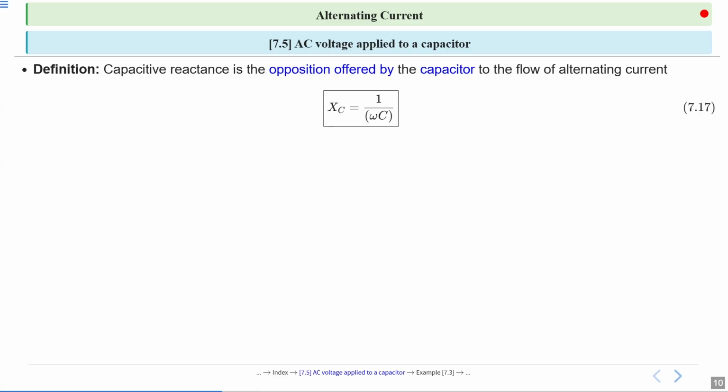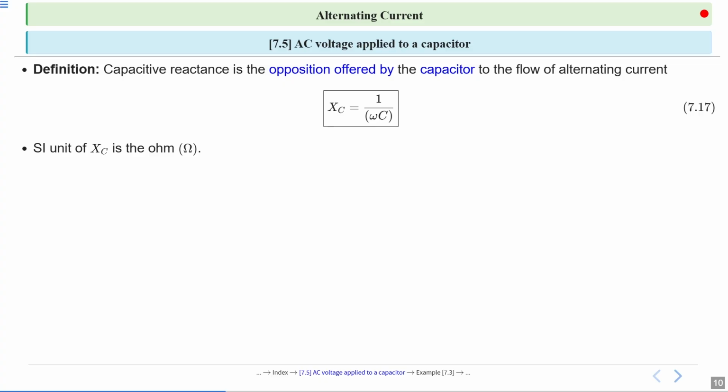It is offering the opposition when a capacitor is connected, to the flow of alternating current, not DC current. In the case of DC current, the result will be different. This is equation 7.17.